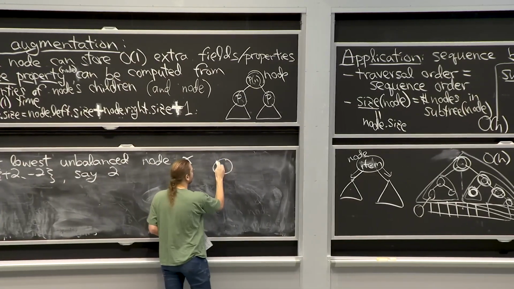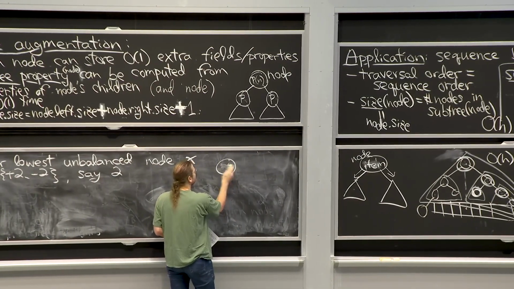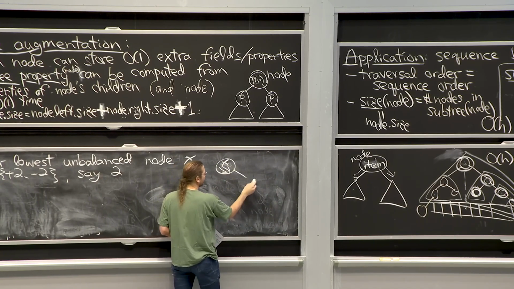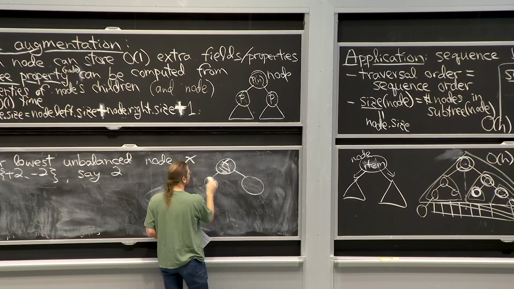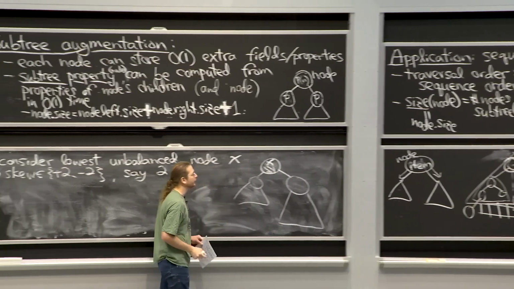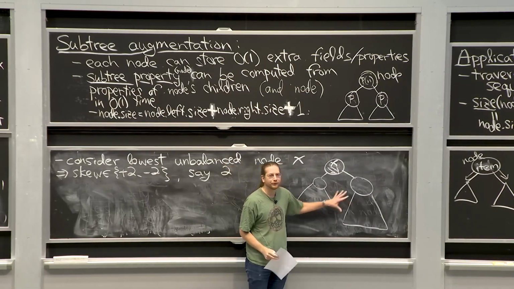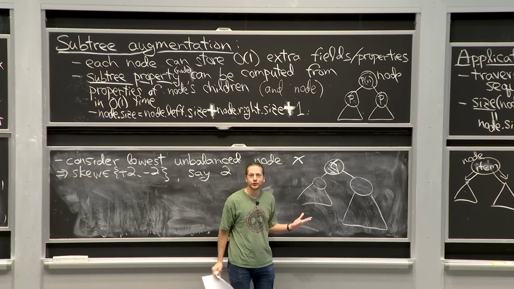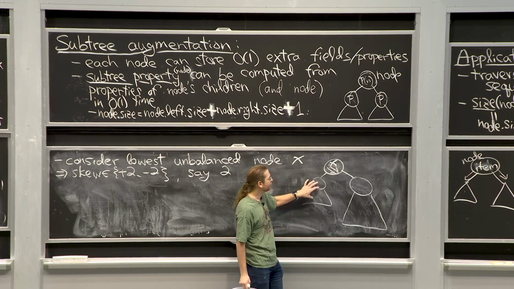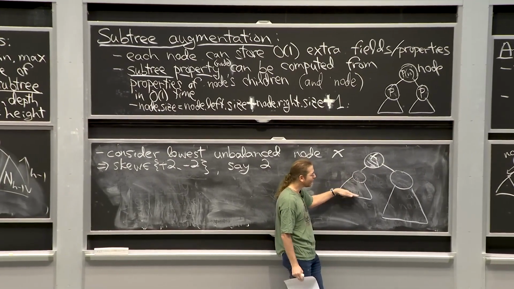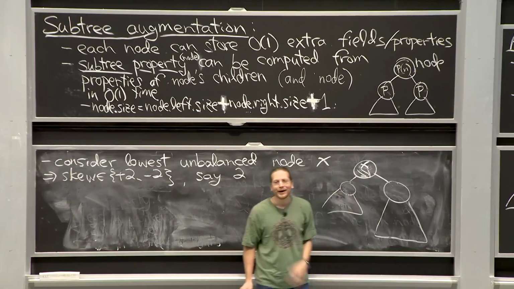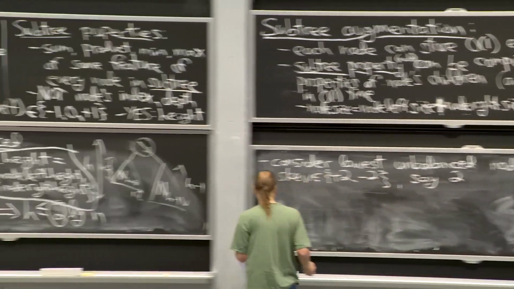My picture is, I'm going to draw a double right arrow to say that this subtree is 2 higher than this subtree. So that's bad, and we want to fix it. The obvious thing to do is to rotate this edge, because this is too high and this is too low. So if we rotate, this should go down by 1, and this should go up by 1. And that works most of the time.